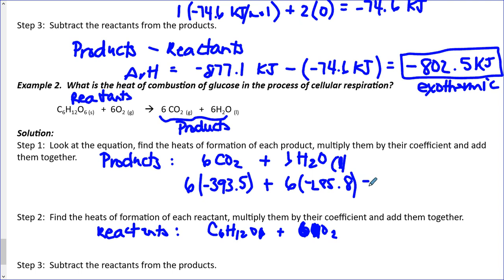Again, pay attention to those negatives. So 6 times negative 393 and 6 times negative 285, and we're adding those two together because the sum of means addition. So the heat of our products is negative 4,075.8 kilojoules.